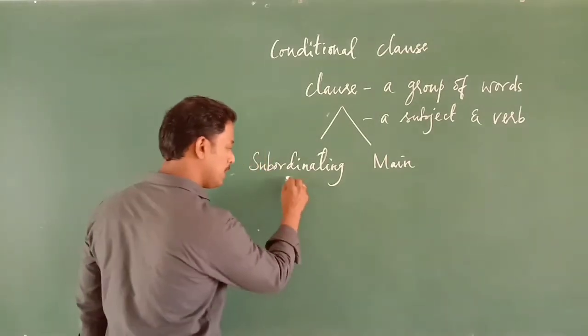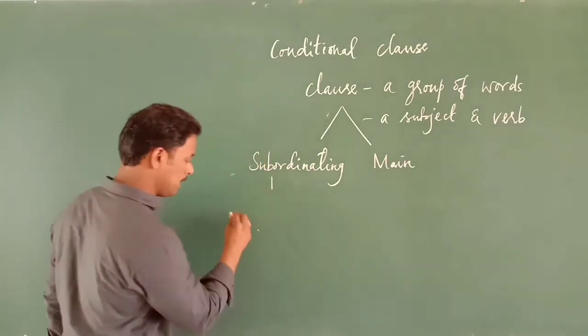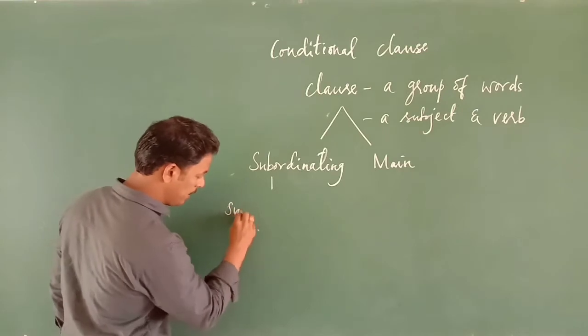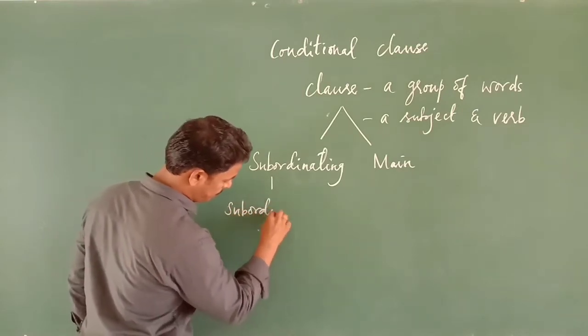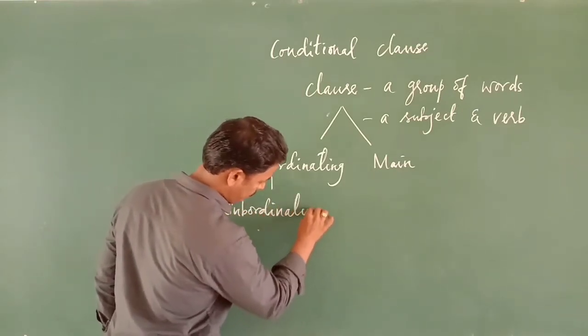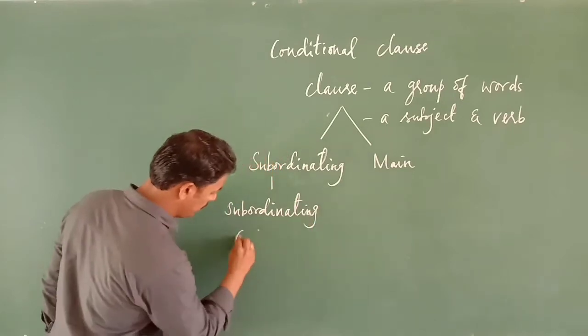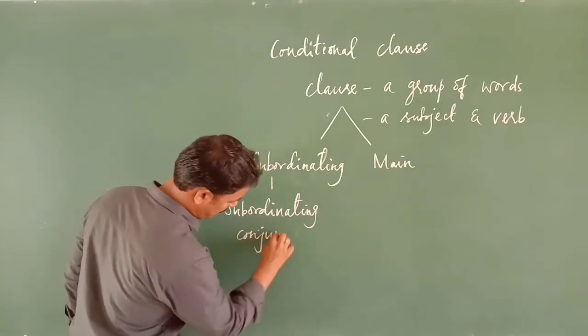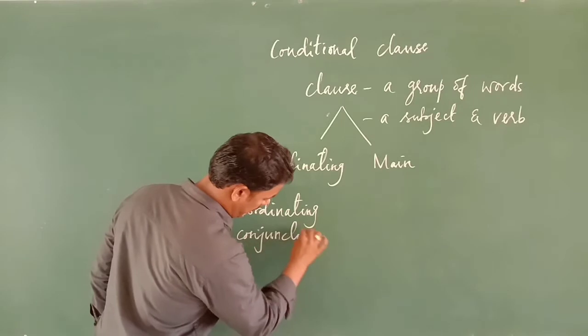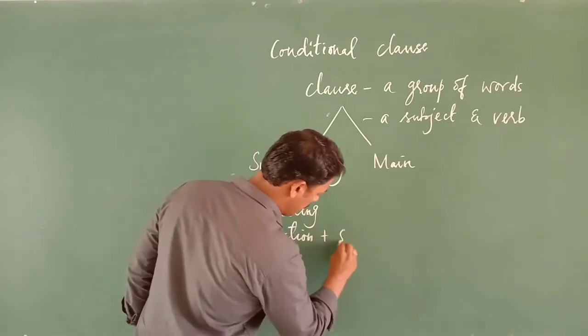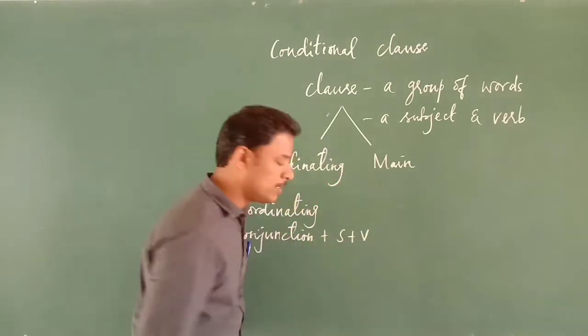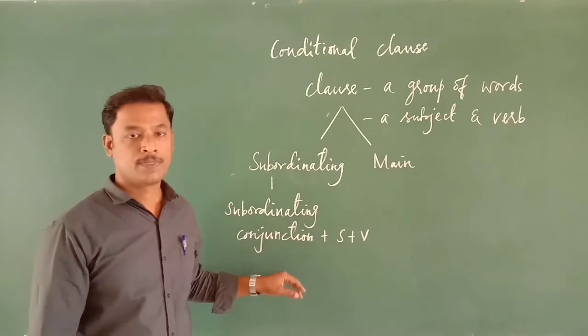A subordinating clause must be started with a subordinating conjunction, and a subject and a verb should follow.